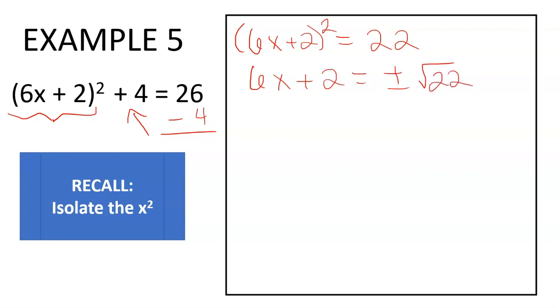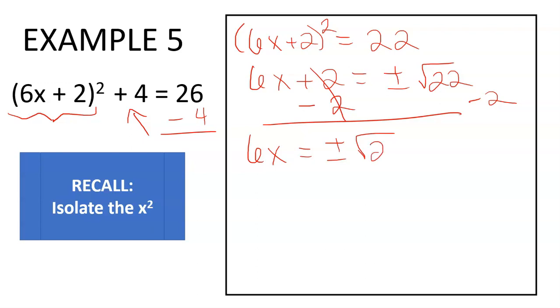I don't have x by itself, so I need to move some things around. The first thing that I see that I can move is minus 2 on both sides. So I have 6x is equal to positive and negative square root of 22 minus 2. Then we have to get rid of that 6.